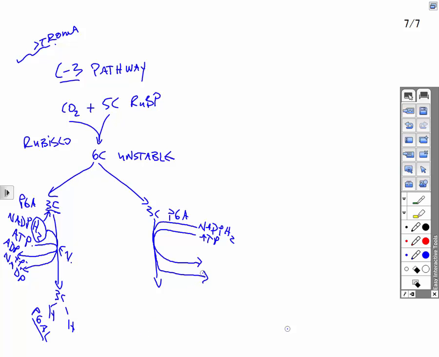I'm going to break the ATP into ADP and Pi, and I remove the 2 hydrogens off of my NADPH2, and that just leaves me with NADP. Those hydrogens went on that 3-carbon, so now I have a couple of hydrogens on that 3-carbon. Well, that's my PGAL.